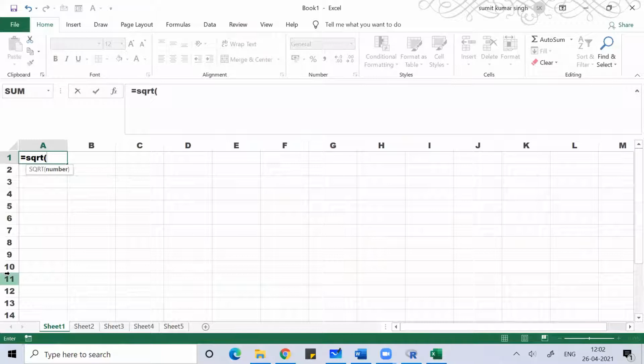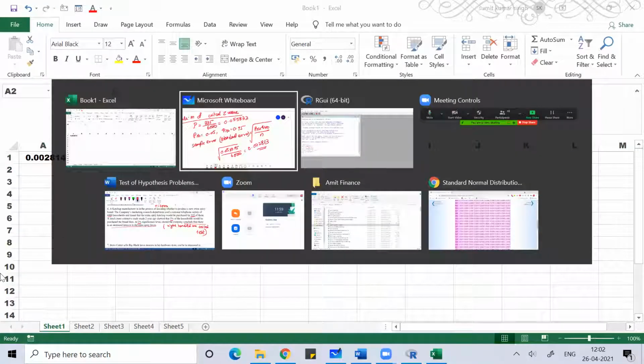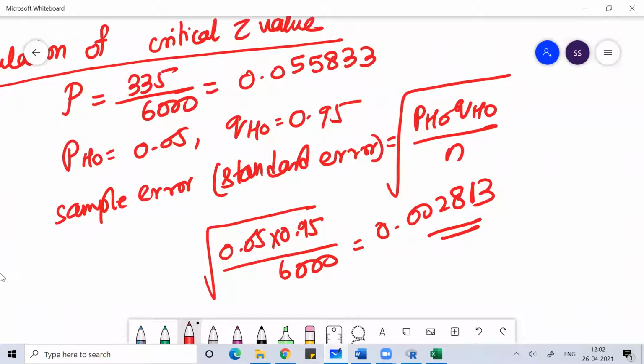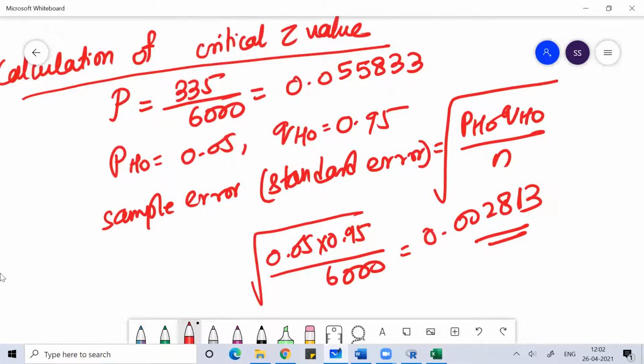The square root of 0.05 into 0.95 divided by 6000 gives 0.002814. So this is the value of the standard error.